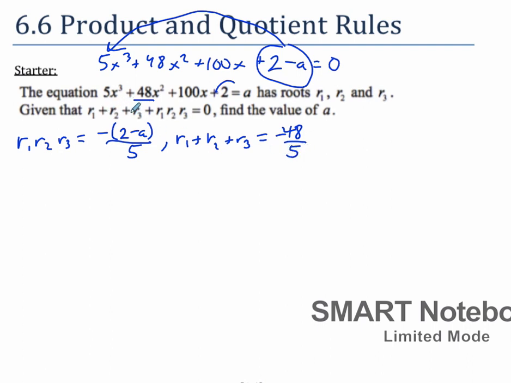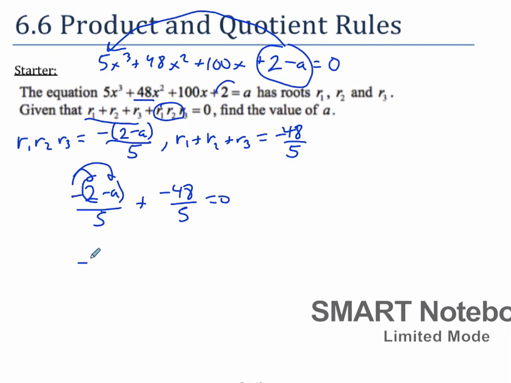Okay, so then this equation just becomes negative (2 minus a) over 5, that's this part, plus this, which is negative 48 over 5, equals 0. We can multiply both sides by 5 and distribute this negative, and we have negative 2 plus a minus 48 equals 0, so a equals 50.